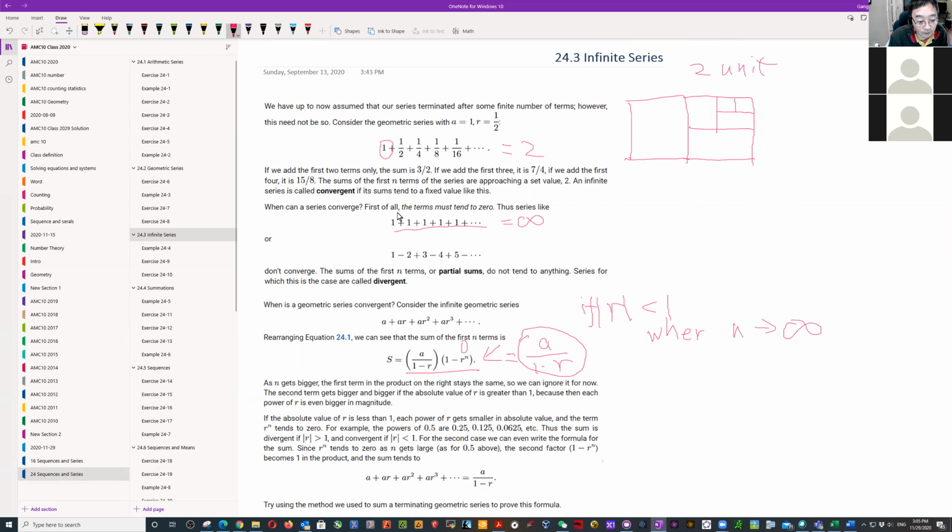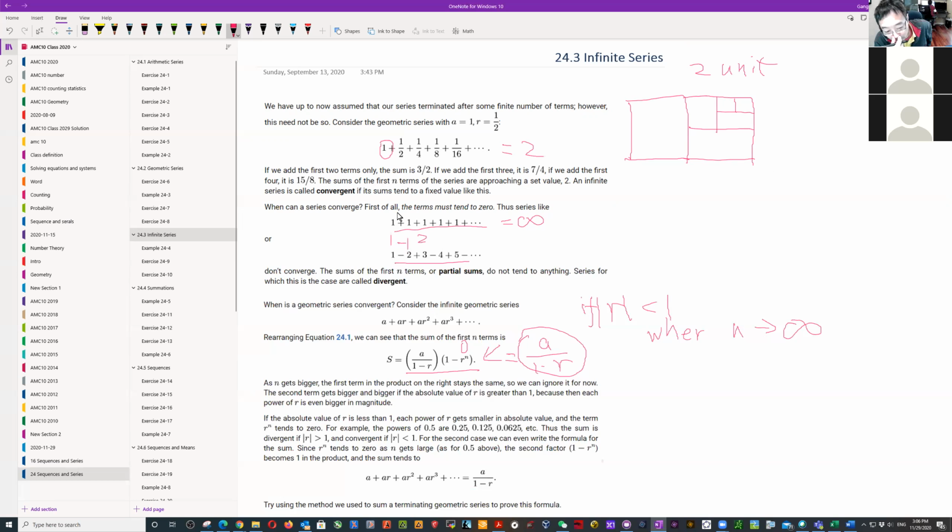And this one, you know, the sum of the first term is just 1. The sum of the first 2 terms is -1. Then the sum of the first 3 terms is actually 2. So basically, you will see that it will keep growing.